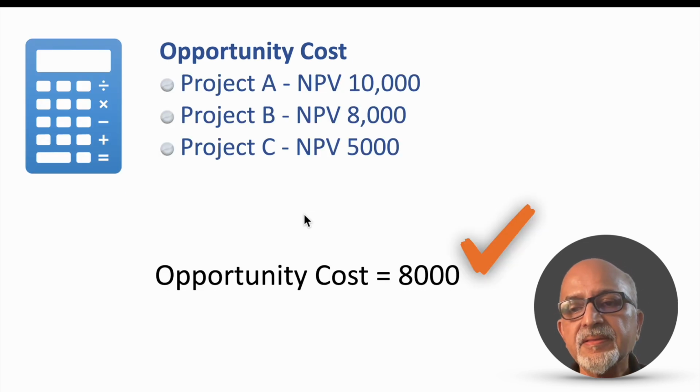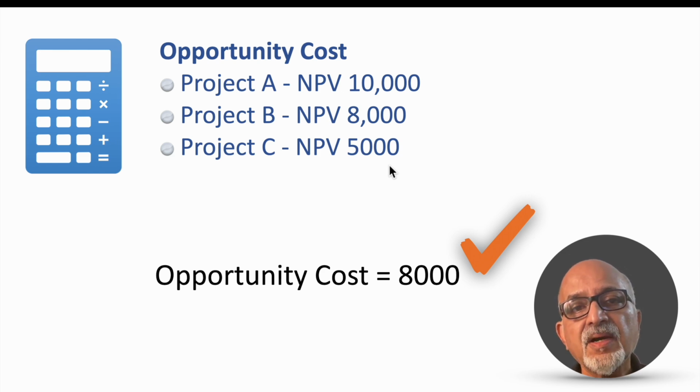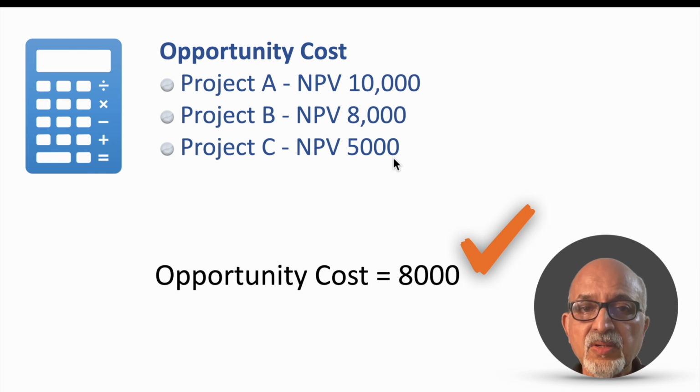Now, then there is another ratio called the opportunity cost. We have project A where the NPV is 10,000, project B NPV is 8,000, and project C NPV is 5,000. Now, what is the opportunity cost if we do project A?